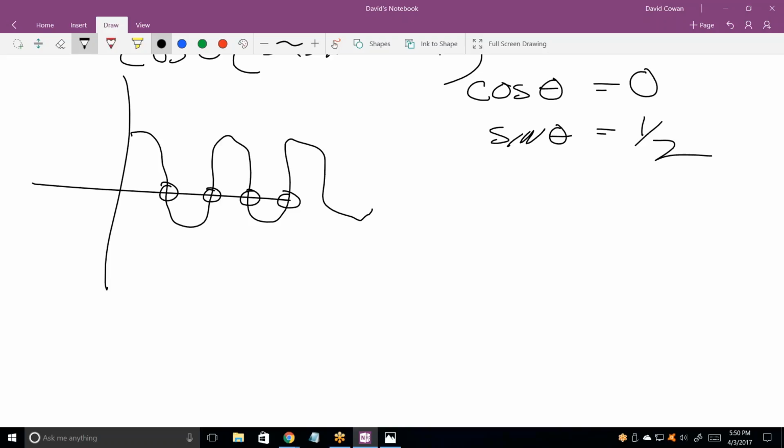Well, where's the first one? Wouldn't that be at pi over 2? So theta equals pi over 2, or it's the second 0 there, 3 pi over 2.